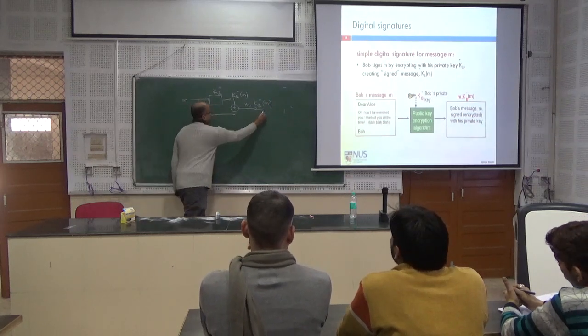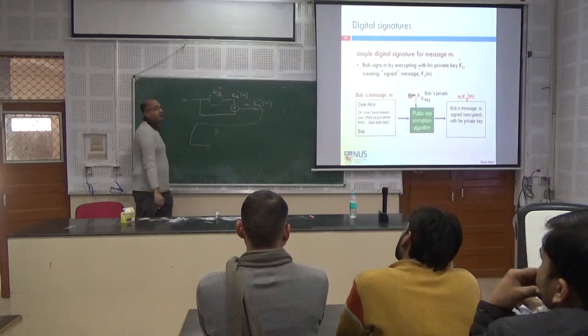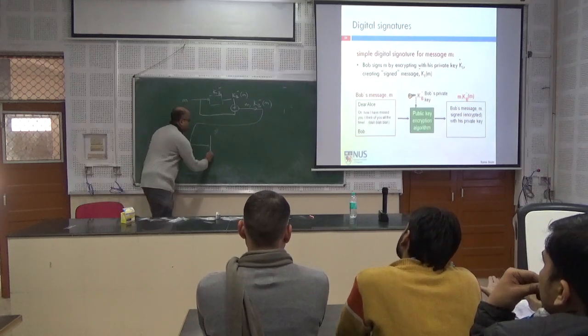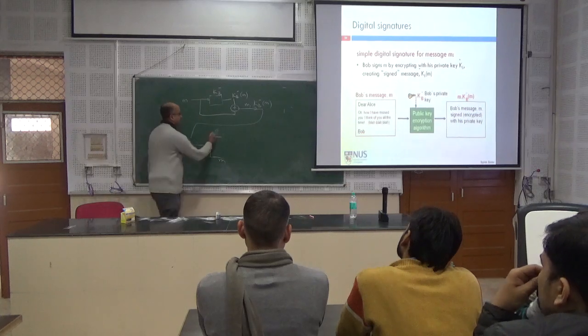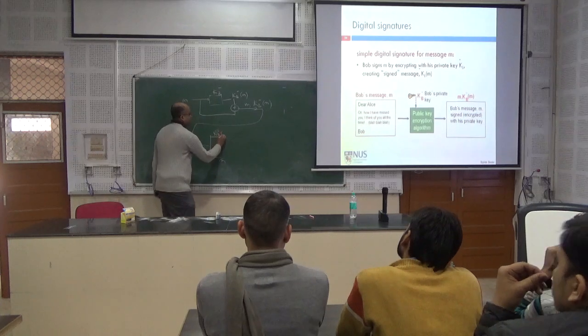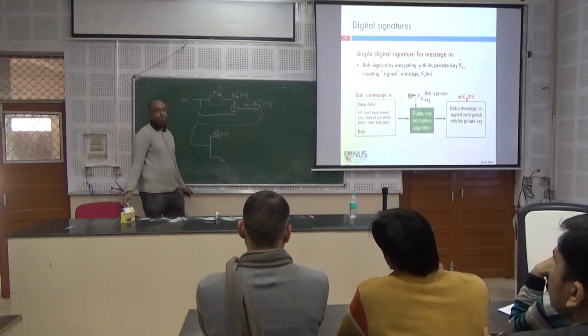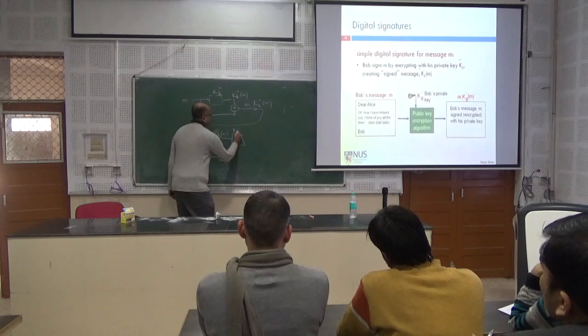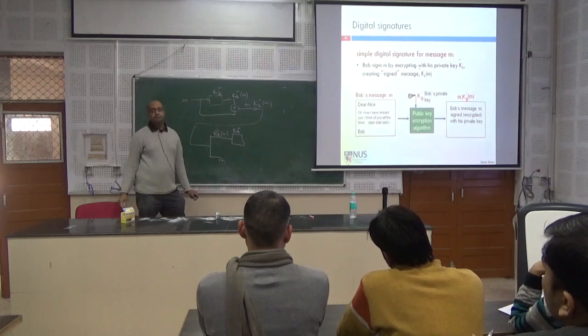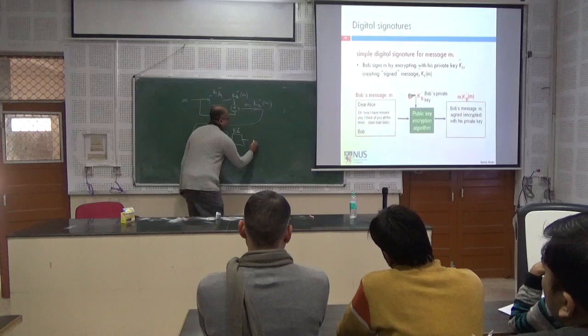So at the receiving side, this is what we will get, right? These two things. What I will do is I will split it. This is the plain text message, and this is the encrypted message. And I will apply Bob's public key here. What will I get?